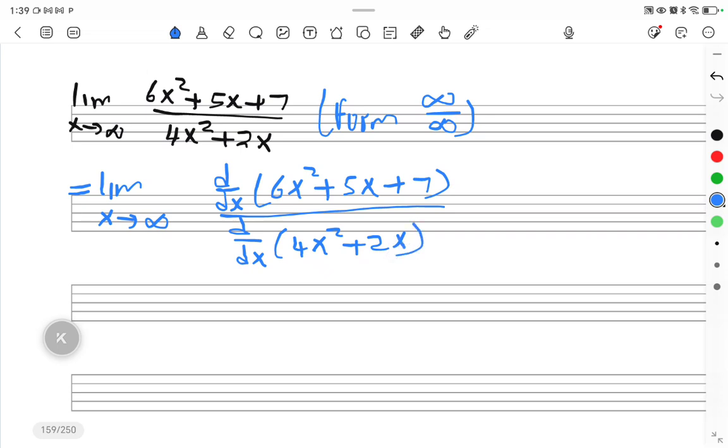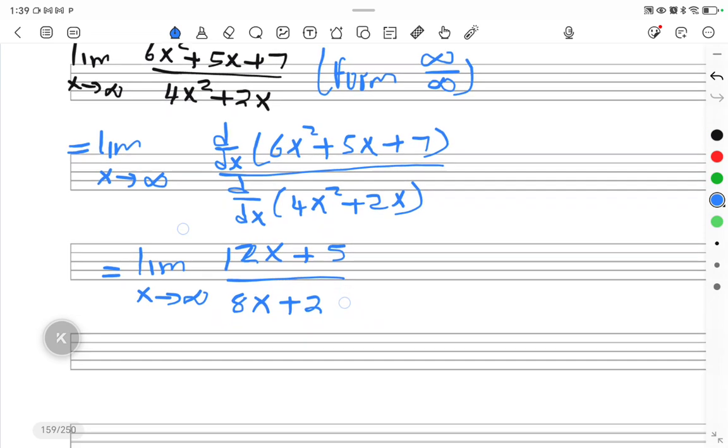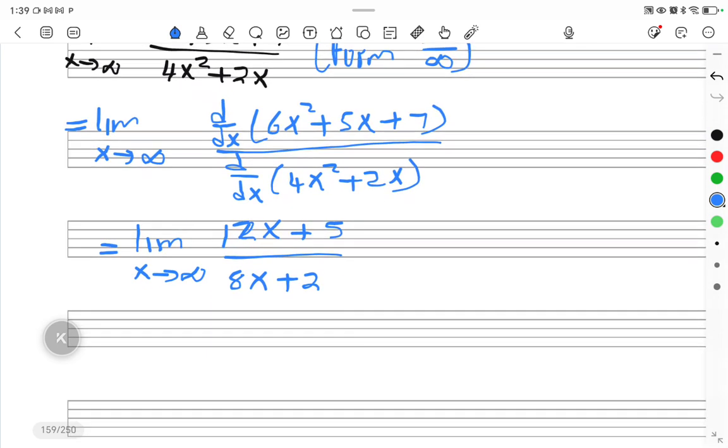And this will be equal to the limit as x approaches infinity of 12x plus 5 all over 8x plus 2.